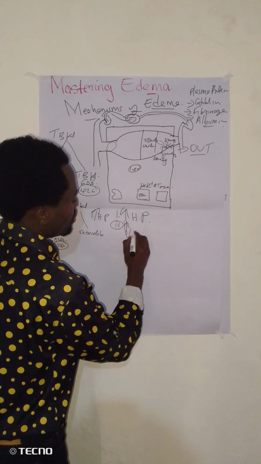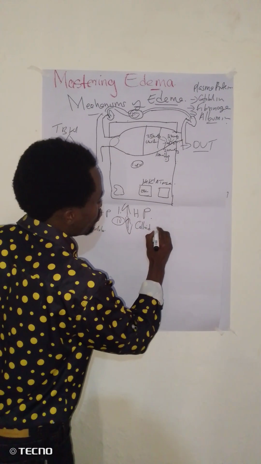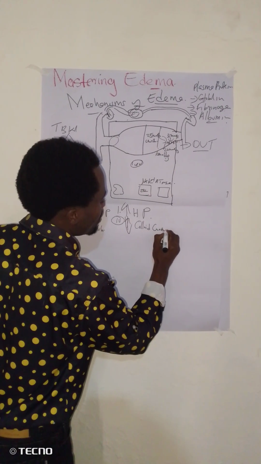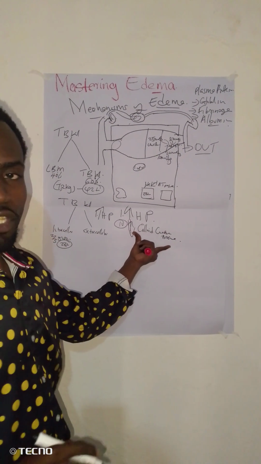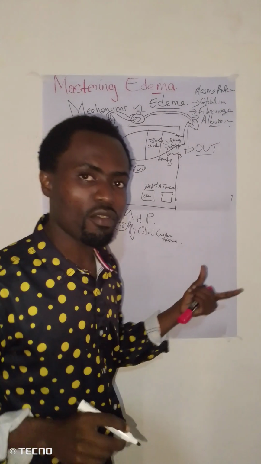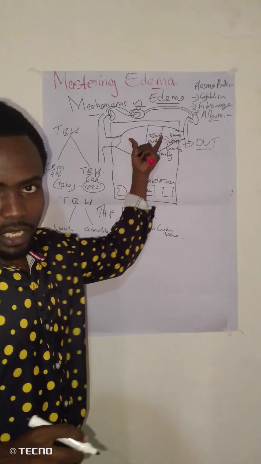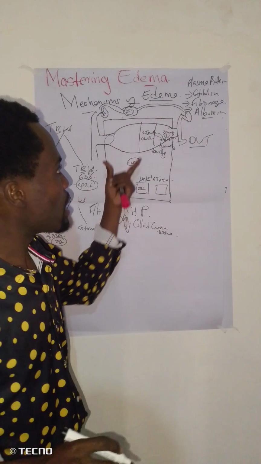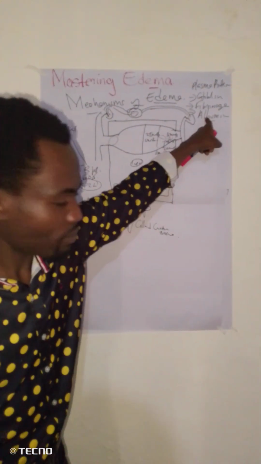reduced colloid oncotic pressure. This type of pressure is determined by the level of albumin in the microcirculation. This albumin is synthesized in the liver.